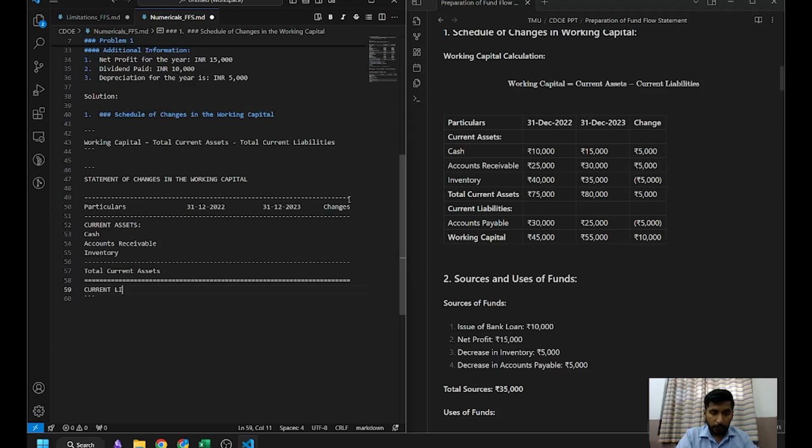Then we have the current liabilities, that is the accounts payable. This is my total current liabilities. And then you will have the working capital.